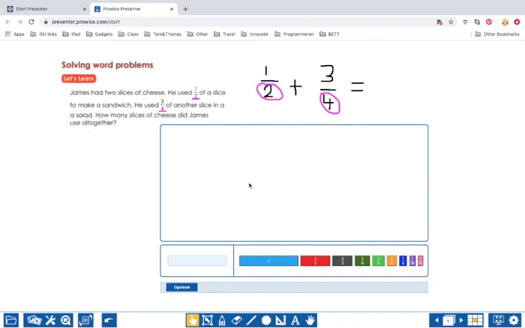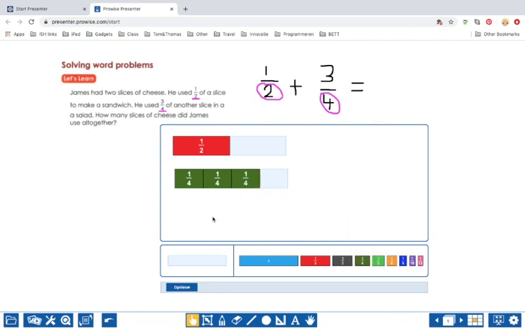Now, to show you the situation and how you can do that, I have this tool here. Let's say this bar is 1 piece of cheese. He is first using half of a piece of cheese. Let's say this other bar represents the second piece of cheese, the cheese that goes into the salad. Now, as we can see, he's using 3/4 of that to go into the salad. So 1, 2, 3.